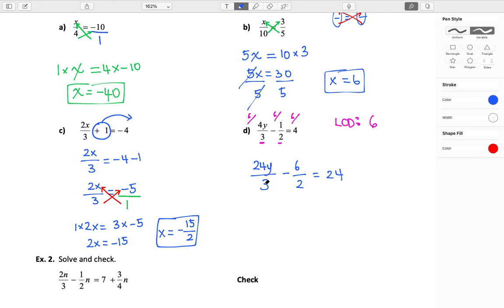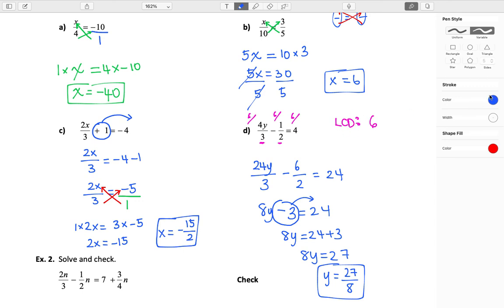So 24 divided by 3 is 8y, and then 6 divided by 2 is 3, equals 24. And I'm going to bring negative 3 to the right side. So 8y equals 24 plus 3, 27. So y is equal to 27 over 8.